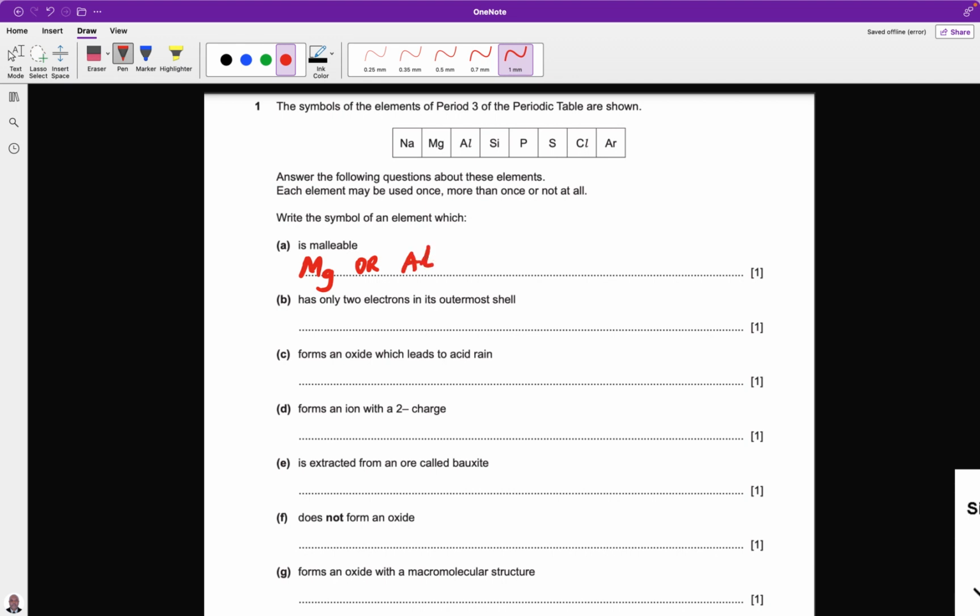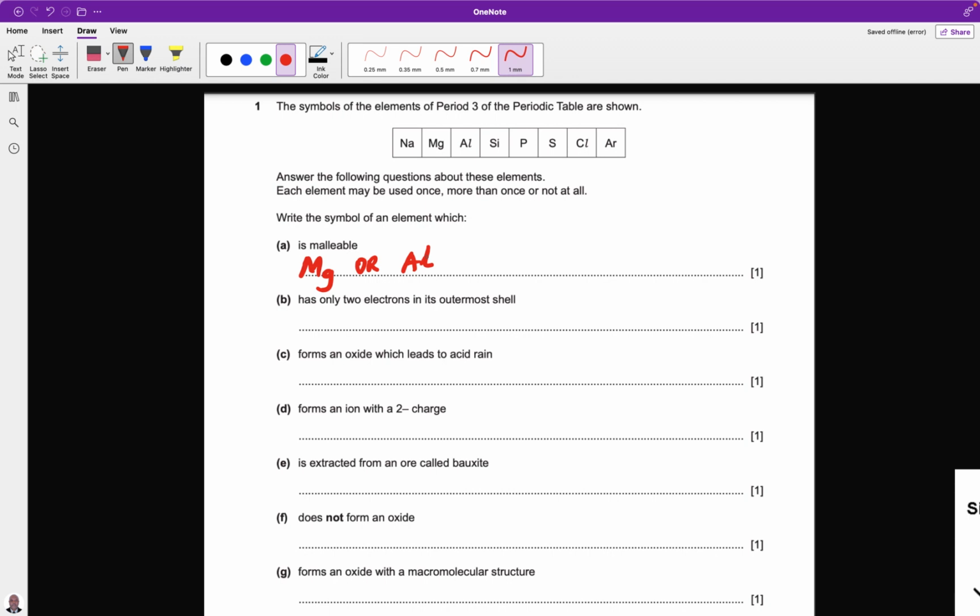Okay, write the symbol of an element which has only 2 electrons in its outermost shell. I told you that the number of electrons in the outermost shell will determine the group.